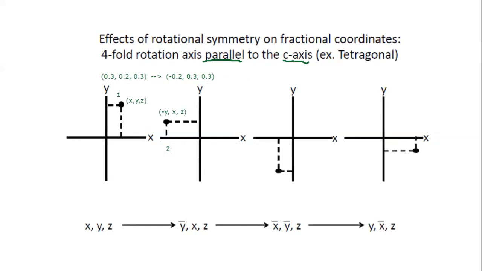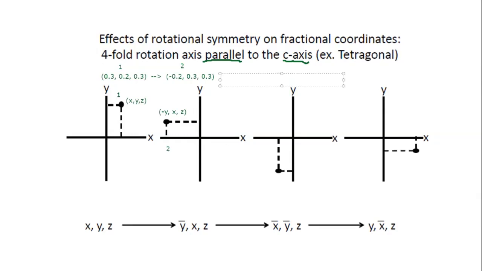This is our first coordinate. This is our second set of symmetry related coordinates. Again, all I did was, when we rotate it 90 degrees, the new x is the negative of the original y. So our new x is negative 0.2. Our new y is the previous x, which becomes 0.3. And of course z doesn't change because we're parallel to the z-axis.